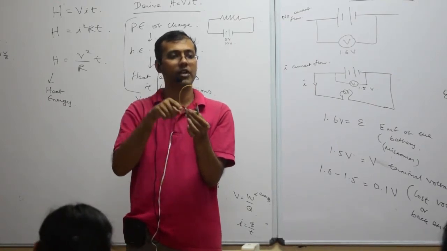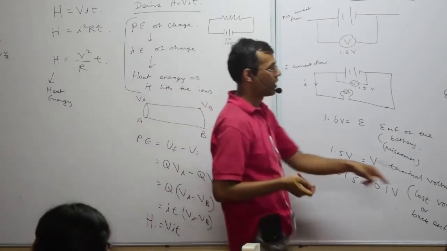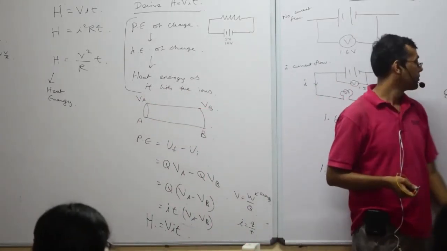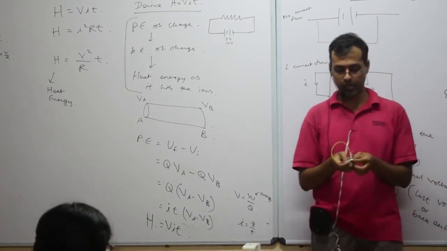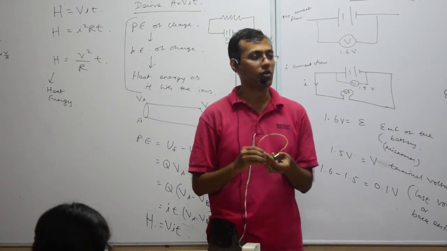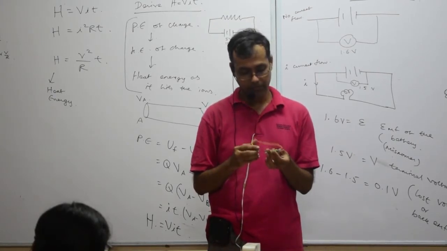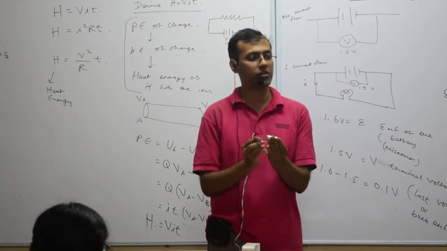So R is very, very low, right? So when R is very, very low, I is very, very high, which means this value will be very high. So if I connect it like this and if I put the voltmeter, probably it's going to show me a very low value, right? Only thing is on the plus side, I can put it like this. On the minus, I don't have anything to put.